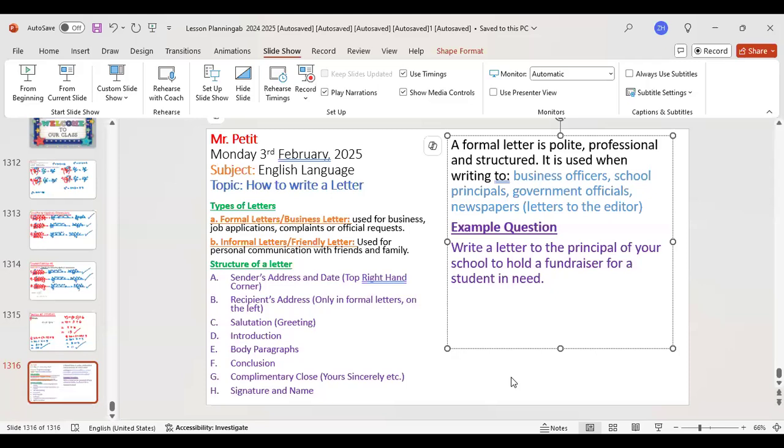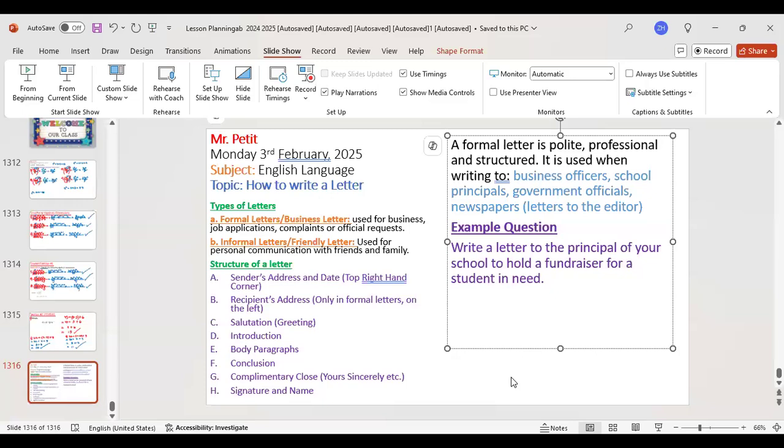All right, so we're going to have the business letter format, layout.